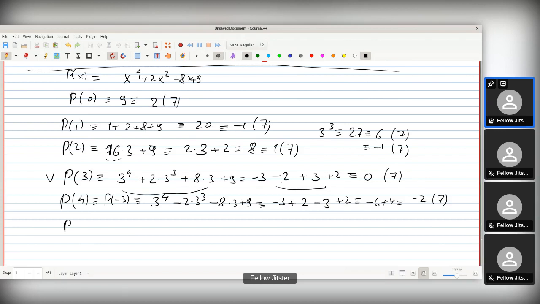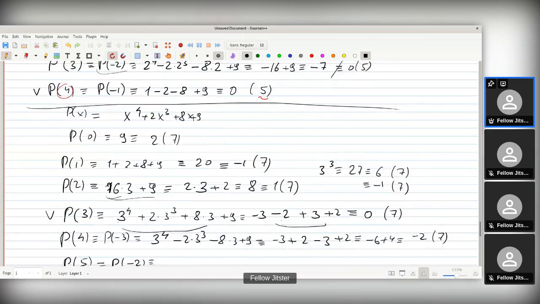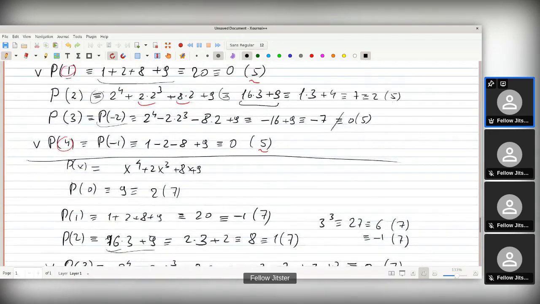2 more remainders. 5. Minus 5 is the same as minus 2. So we have the same as here. Look. Here we have 16 plus 16 plus 16.